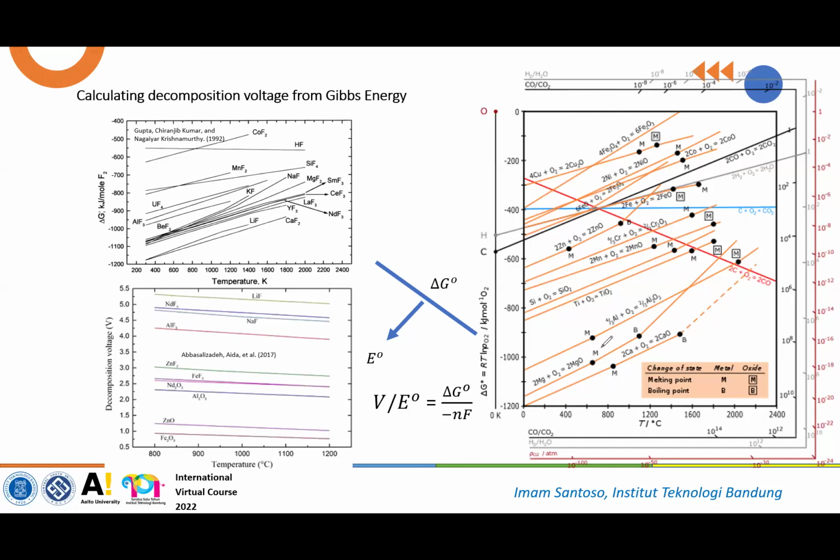We reduced dolomite or magnesium oxide with carbon. If undertaken at 1 atmosphere pressure, the minimum reduction temperature is this one, 1800 degrees C. Using this Ellingham diagram, you can see the Ellingham line of carbon crosses below magnesium oxide above 1800 degrees C. Very high temperature.